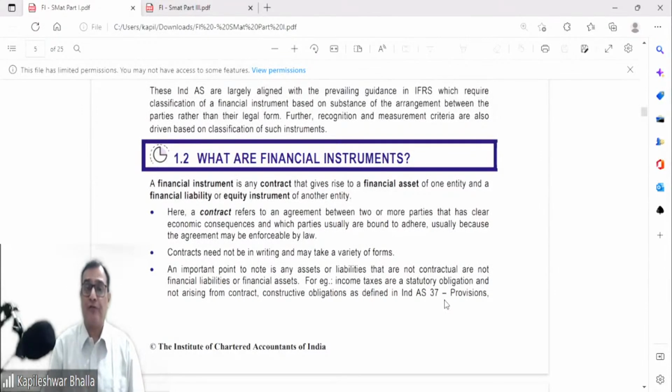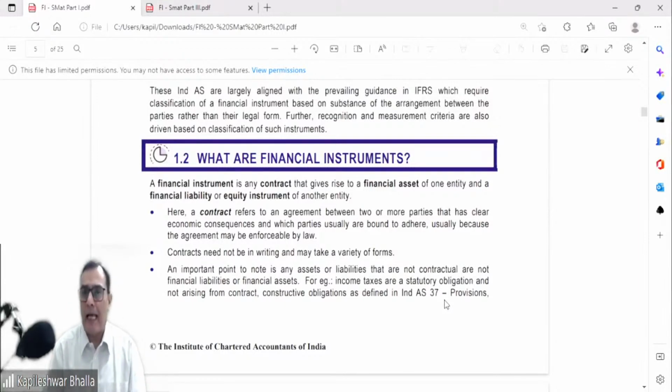And it says a financial liability or equity instrument for another entity. Needless to mention, the other entity is the issuer. So a financial instrument is a contract between two parties, an issuer and a holder. The issuer needs to take a call, whether it's a financial liability or equity instrument. The holder would say financial asset in both situations.